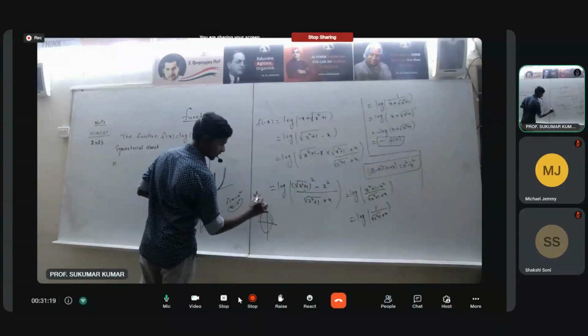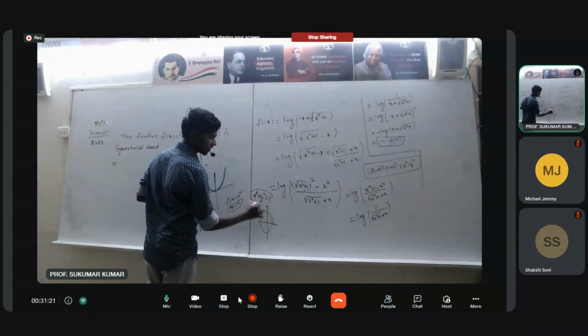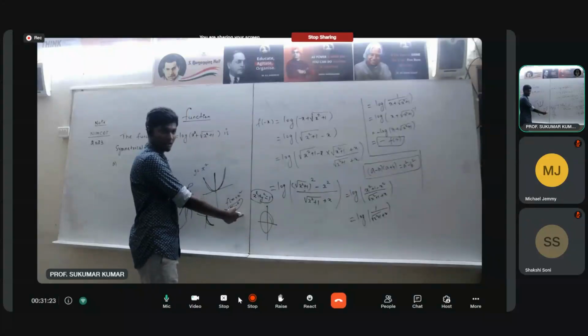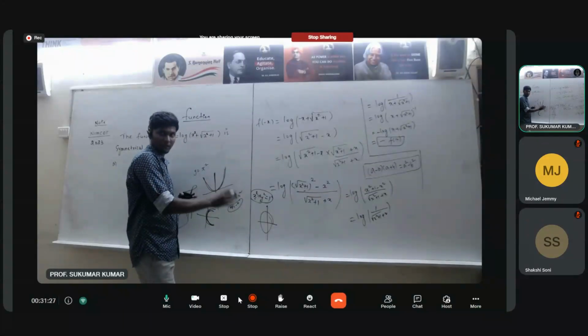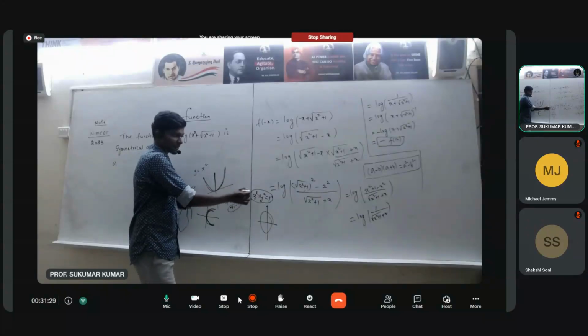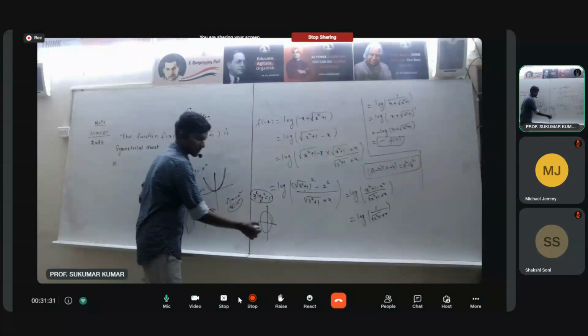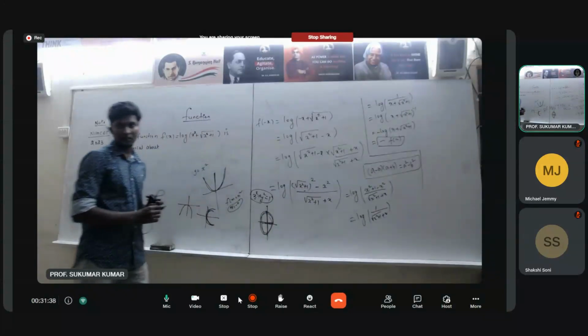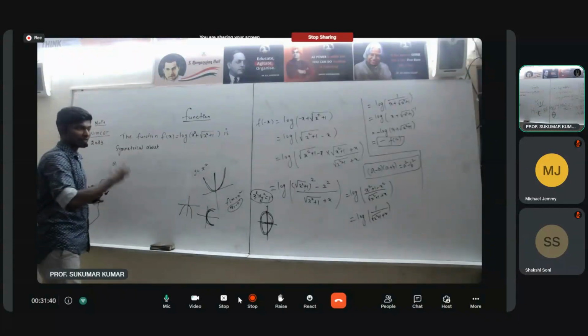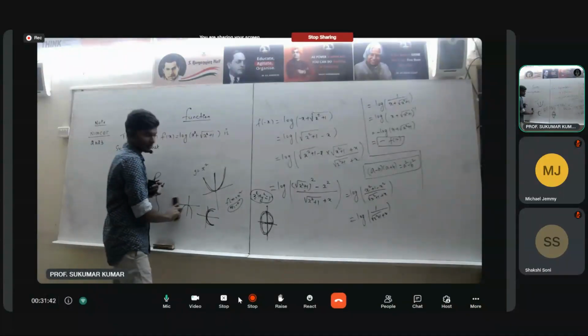And x square plus y square equal to 1, equation of a circle. In both places minus x plus x or minus y plus y applying, the equation never changes, which means symmetric about both axes. It can cover both axes. That is the meaning. So symmetric in the sense I'm telling, it covers some axis. Got it?